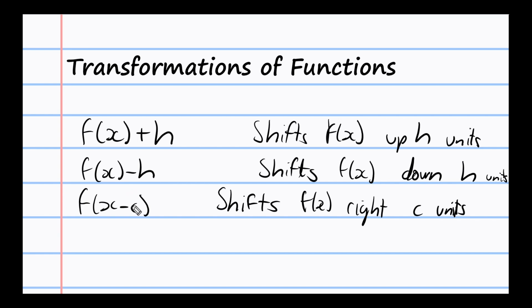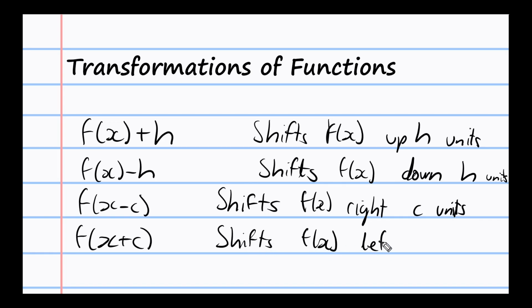You would think that by subtracting c, you would actually shift f of x left, but actually you're shifting f of x right. And now this should be pretty easy. If I add c units to x, what does that do? That shifts f of x left c units.